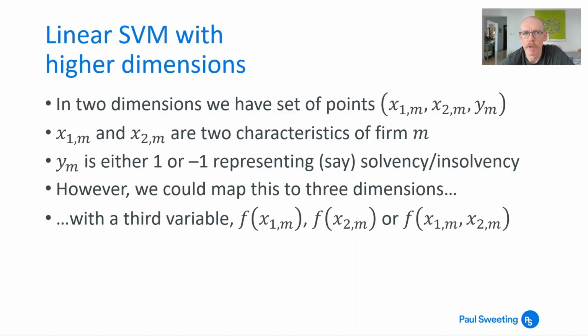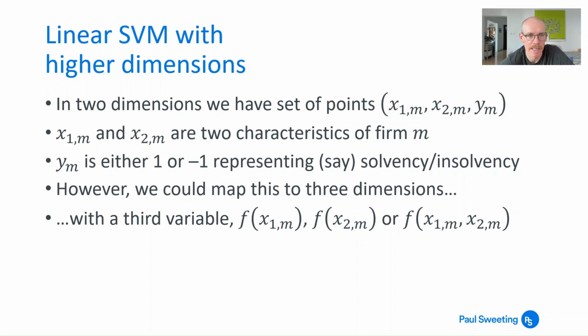The first one I'm going to be looking at is linear SVM with high dimensions. In 2 dimensions, we've got the set of points x1m, x2m, ym. x1m is say EBIT over assets, x2m is say the log of assets over liabilities, and ym is whether it is solvent or insolvent.